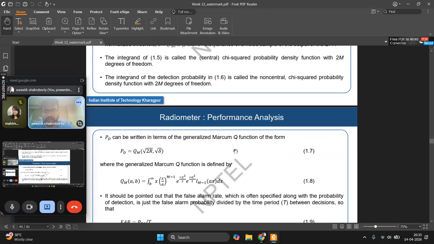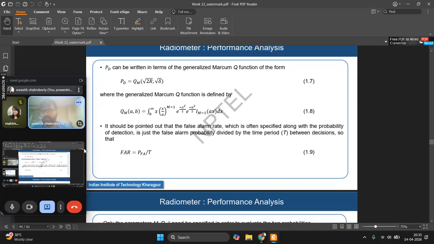Okay, PD can be okay. Now they have done some small changes in the PFA and PD expressions.